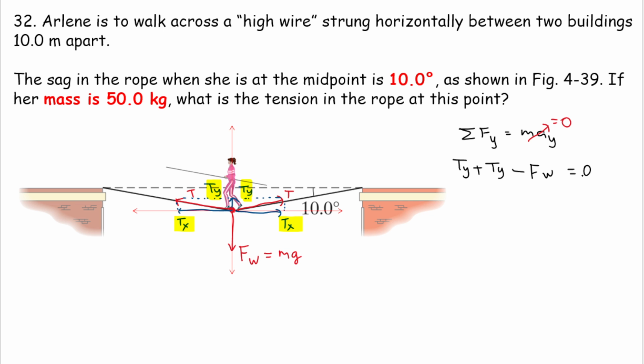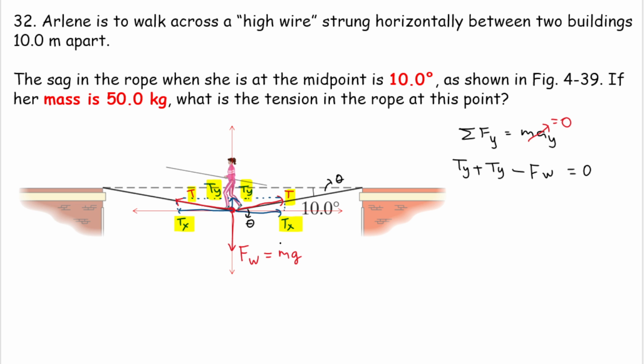Good. And then we need to find out what T is, right? Not Ty. So how to do that? Remember that Ty is the projection of T onto the y-axis. This is theta, right? So theta is this angle here, but then this is also this angle here.